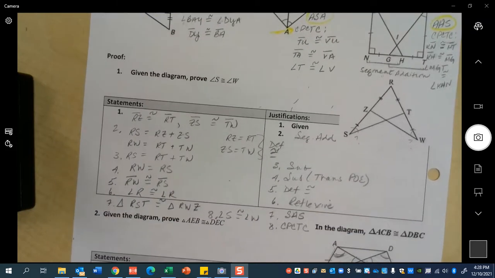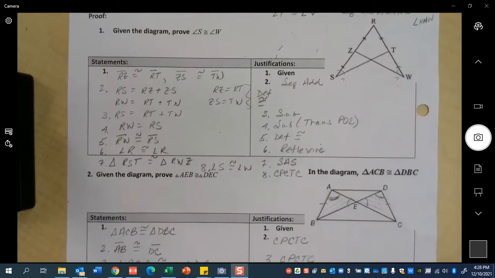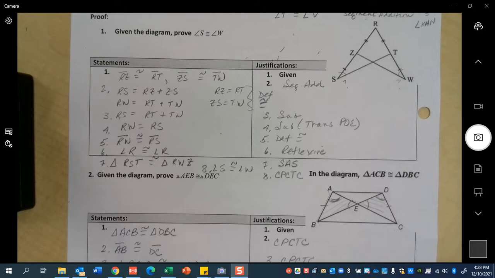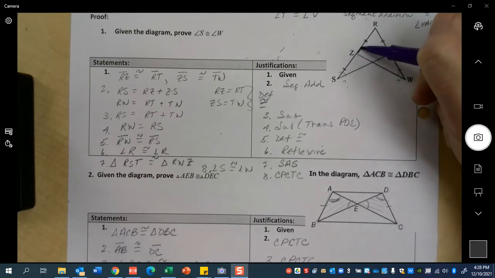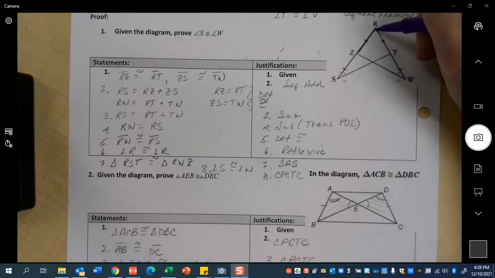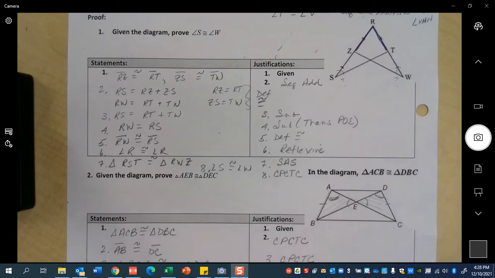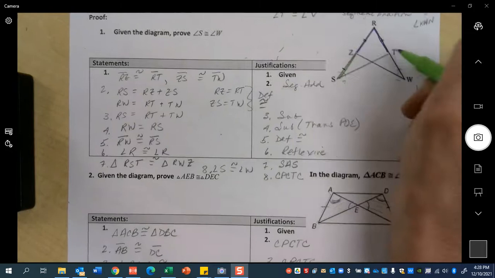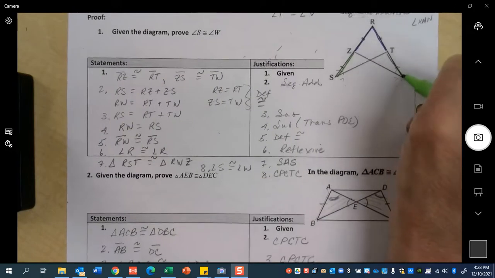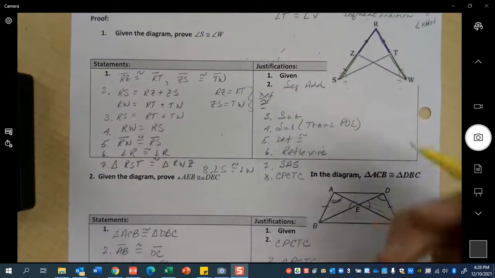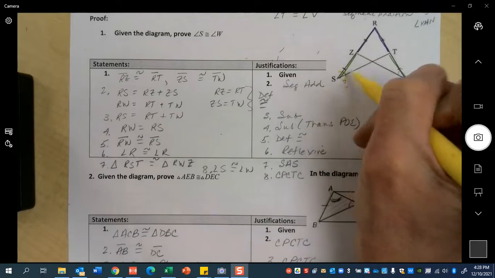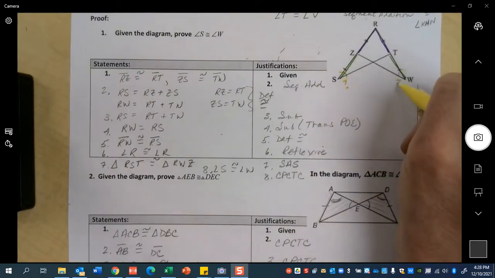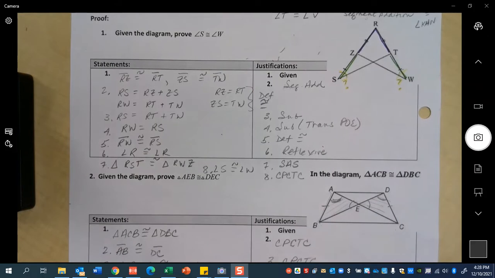All right, so here's our two proofs. Are you ready? I'm given that these two sides are congruent, and I'll mark them in purple. I'm given that these two sides are congruent, and I'm being asked to prove these angles are congruent.